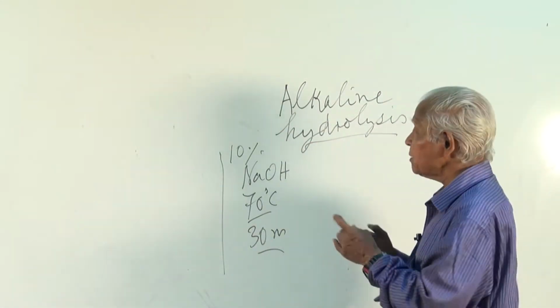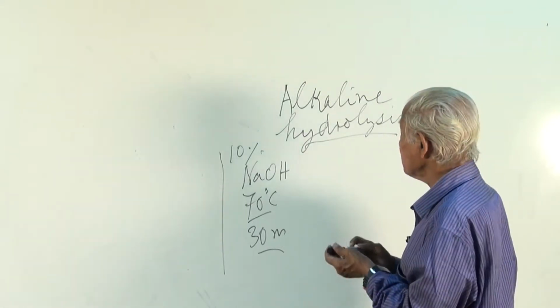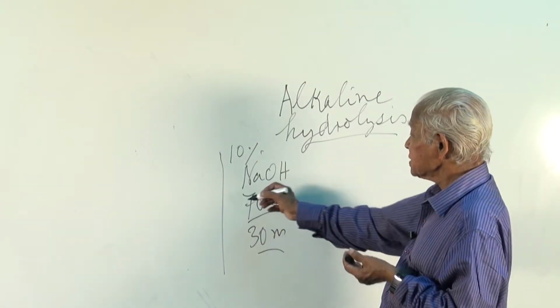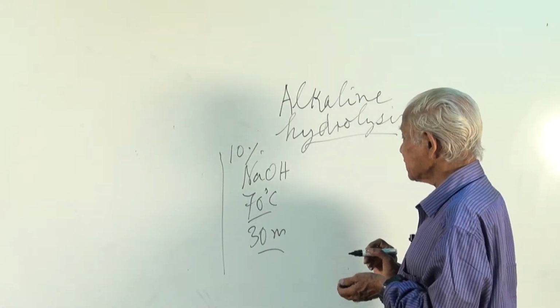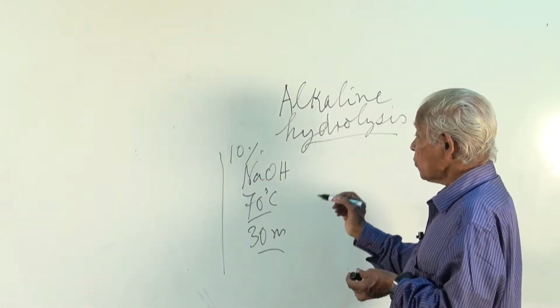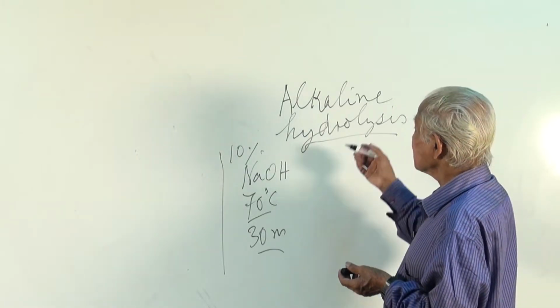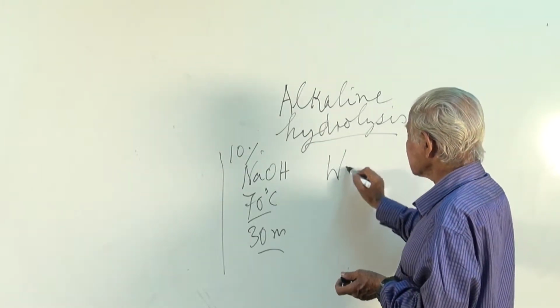Hydrolysis is a partial destruction of the material, and weight loss is determined before and after to have an idea about this extent of alkaline hydrolysis. And what happens to the polyester following this treatment? There is a weight reduction.